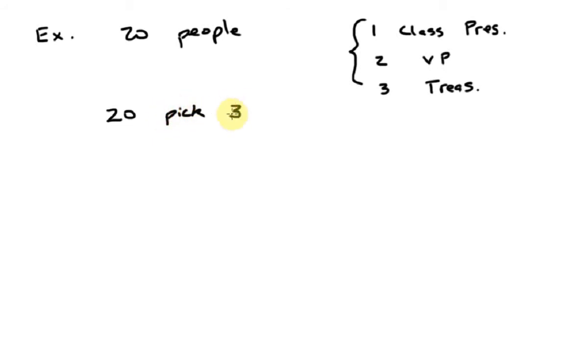So I'm not using all 20. So I can't just say it's 20 factorial. And then of course the question is how many groups of 3 are possible? How many such groups are possible?